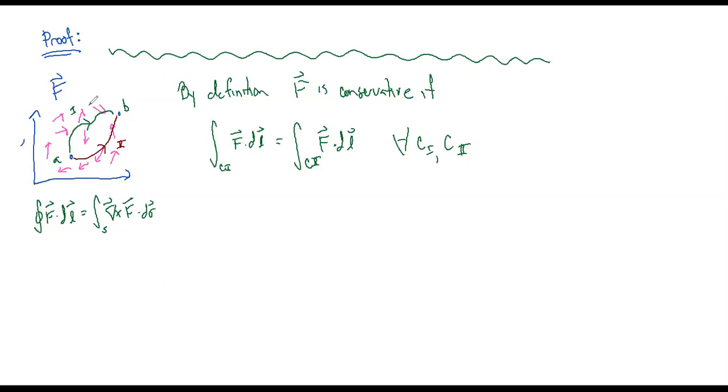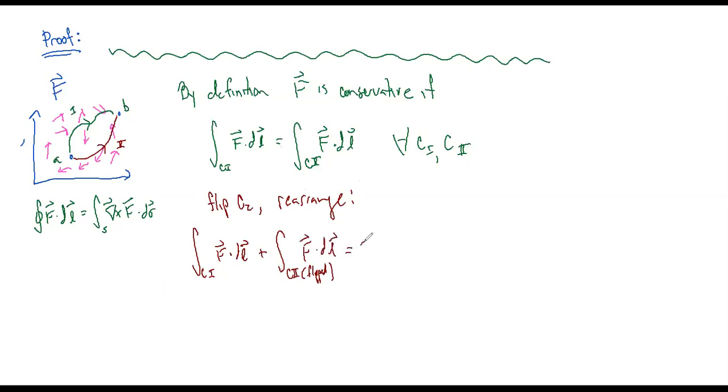You dream up these two paths. I don't care what two paths they are. They both go from A to B. All I have to do is the following. We'll flip one path and then put it on the other side. Flip C2 and rearrange. And what I get is the C1 integral of f dot dl plus C2 flipped, so we went from B to A and not A to B, equals 0.